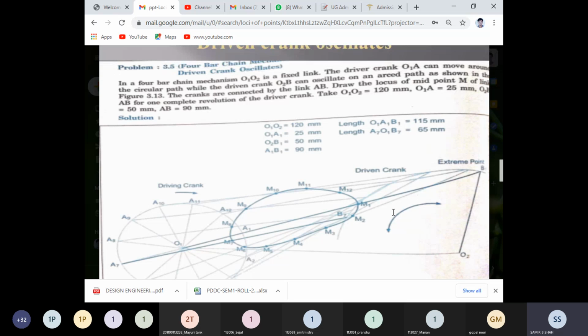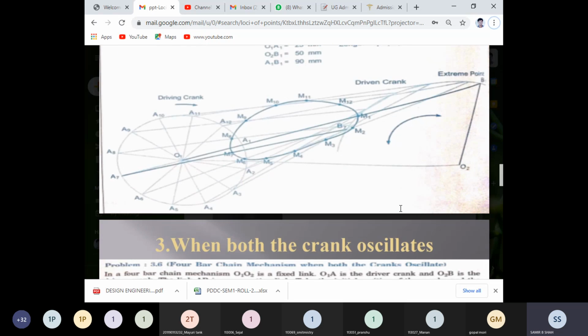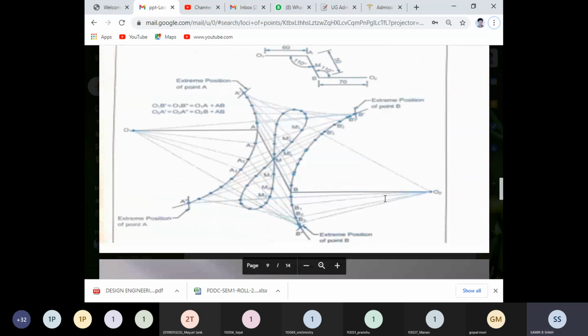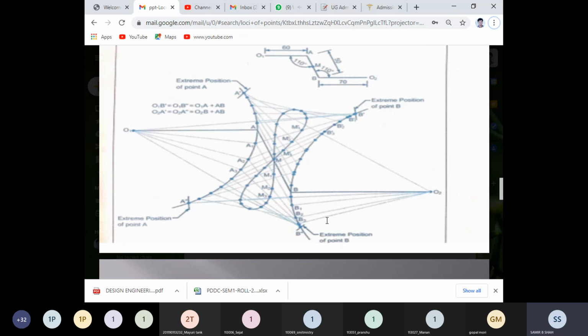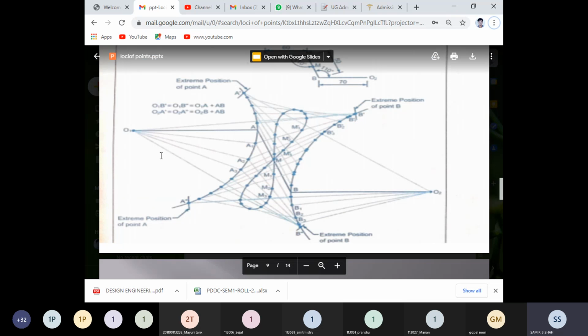Here, in the same way, it will not be possible, so we have to initially find both the extreme points. To find the extreme position of both the arcs, it may start from the O1A radius or from the O2B radius.